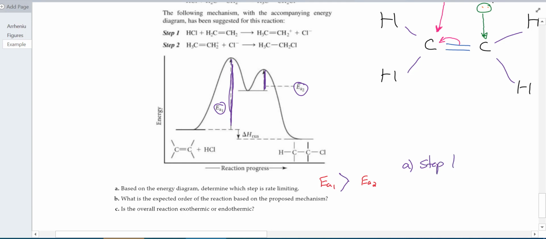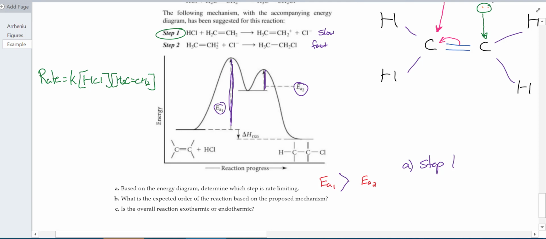What do you expect the order of the reaction to be based on the proposed mechanism? So if step 1 is rate limiting, step 1 would be slow, and step 2 would be fast. So the rate law comes from step 1. Rate equals k, concentration of HCl, concentration of C2H4, however you want to write it.